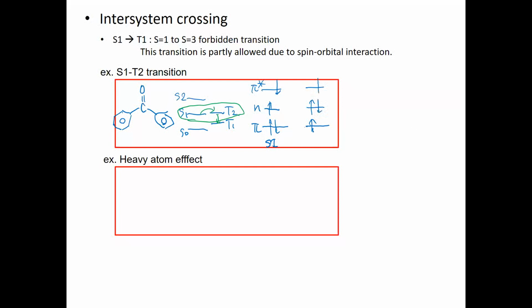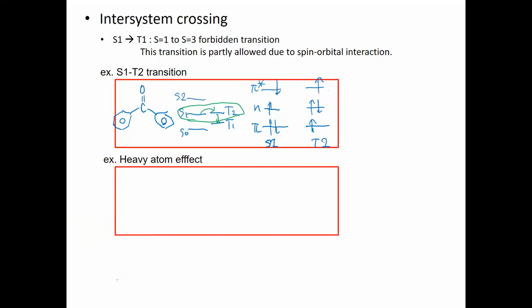And we want to think about the triplet state. That's why these two electrons have a parallel configuration, because this is a triplet state. Okay. So what happens in an S1 to T2 transition is, first, think about this.